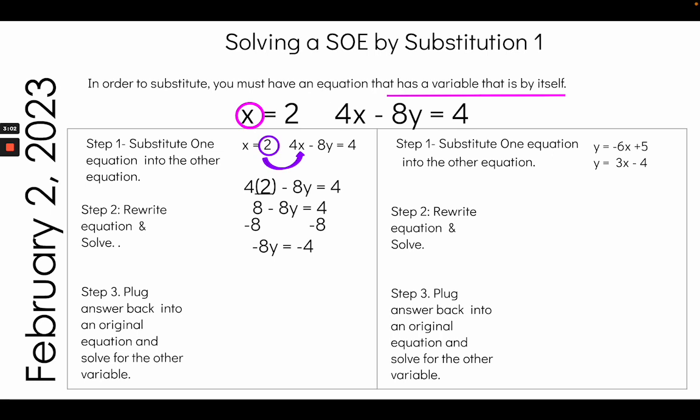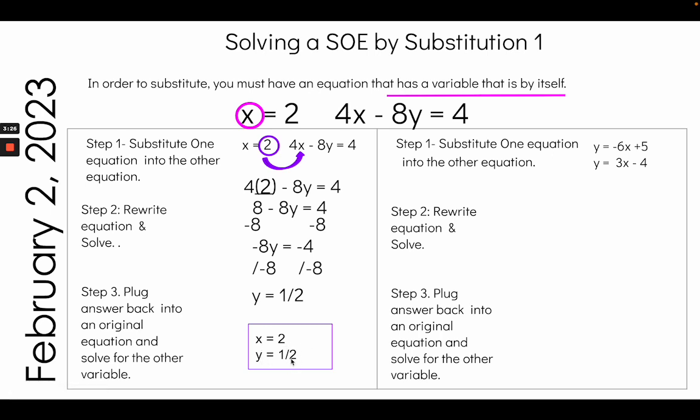And we want y by itself, so I'm going to divide by that coefficient, negative 8. Divide by negative 8. And negative 4 divided by negative 8 is equal to 1/2. And negative 8 and negative 8 cancel out here on the left side. y will be by itself, and this is our answer. x equals 2, y equals 1/2.